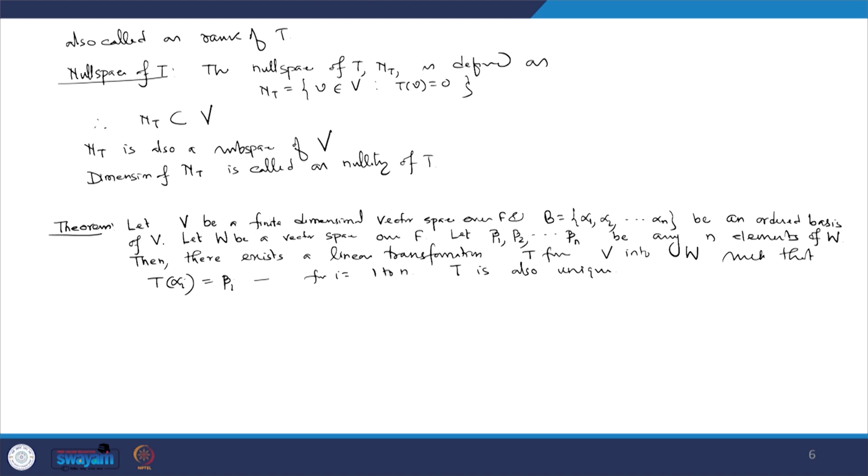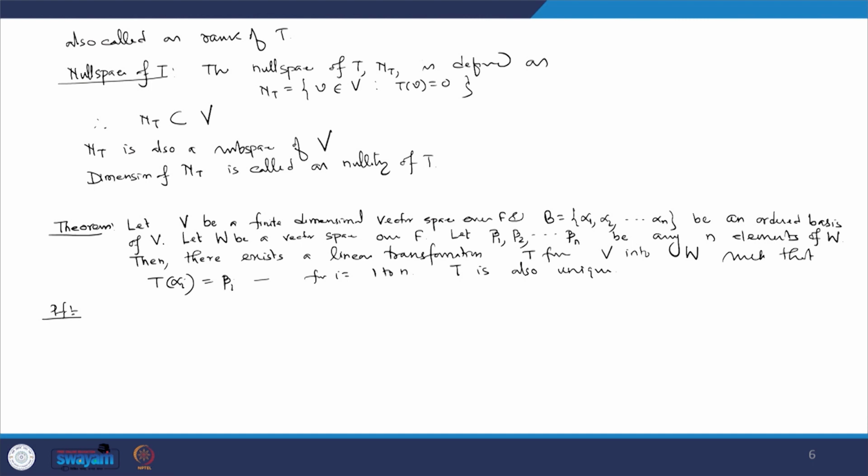So, the beauty of this result is that for any ordered basis B, if one gives n elements of W, one can have a unique linear transformation from V to W such that T of alpha i equal to beta i. Let me quickly sketch the proof. Consider alpha belongs to V to be any element.